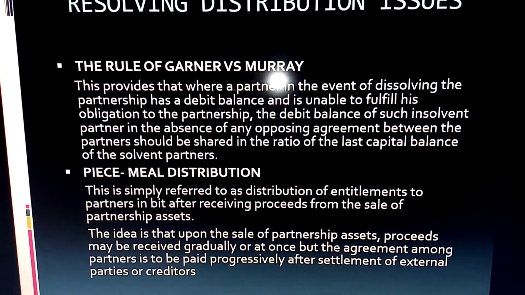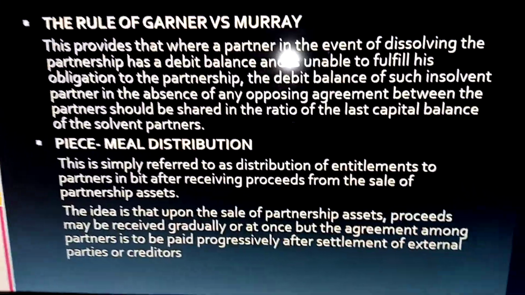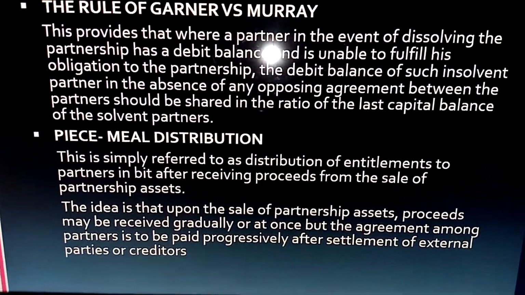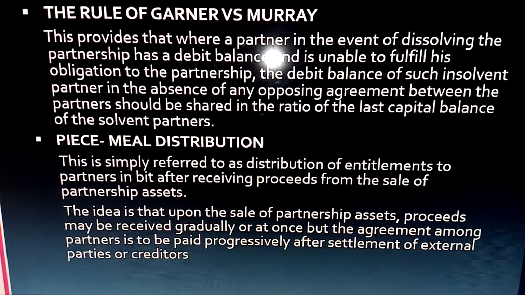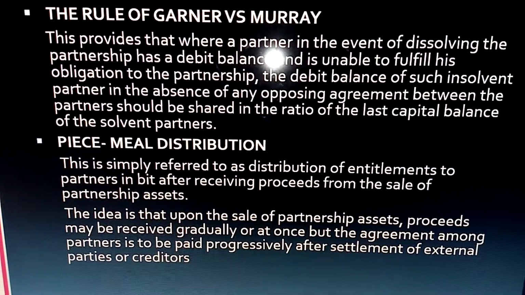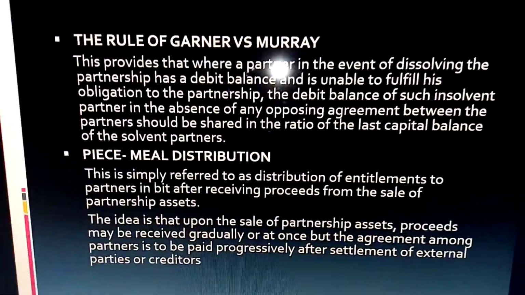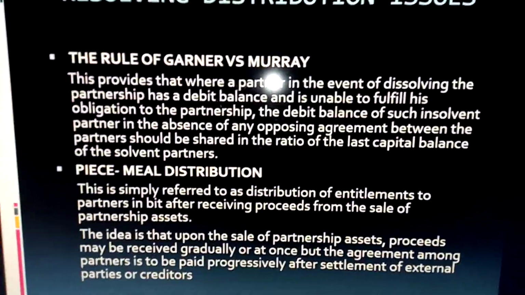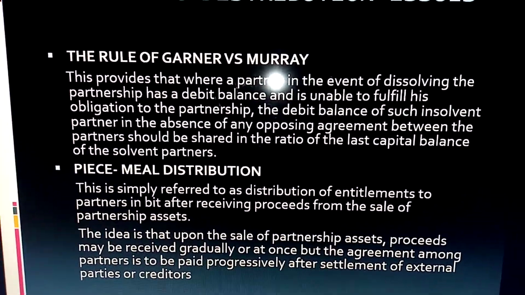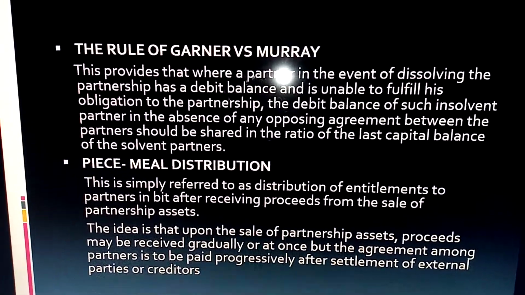Then the next one is the piecemeal distribution. Basically, here what we're saying is that after selling the assets of the business, it's possible to get the cash at once or get it on different dates. But the idea is that in settling the partners, you can settle them at once, which is also called block settlement, or you settle them bit by bit.